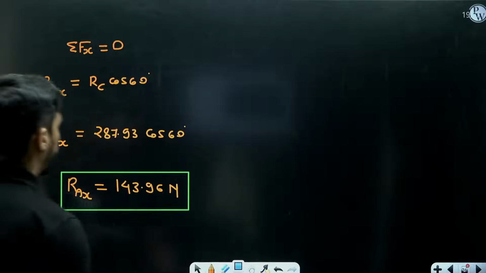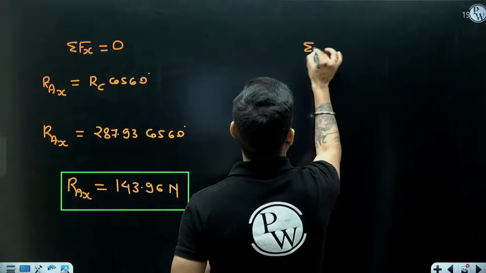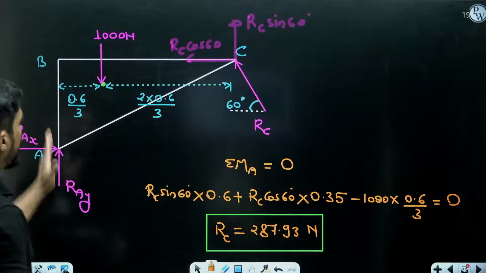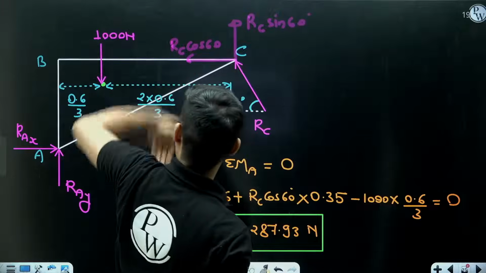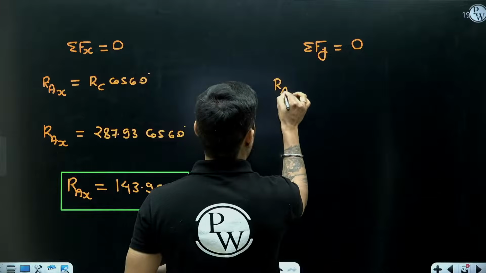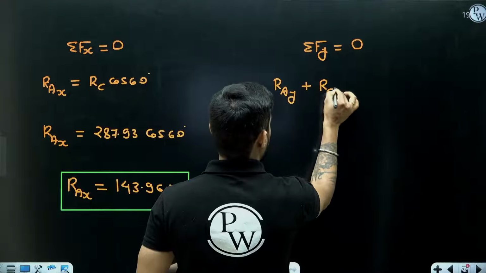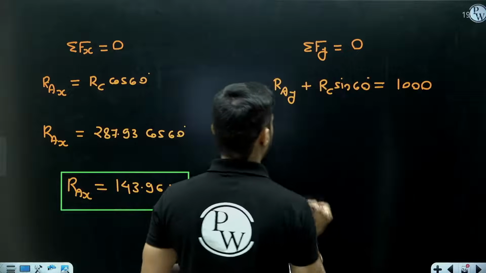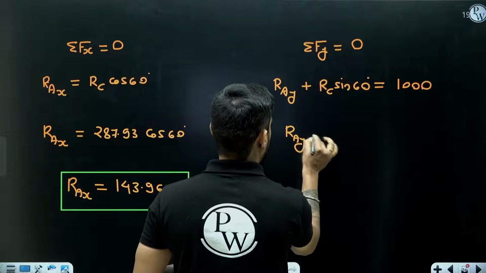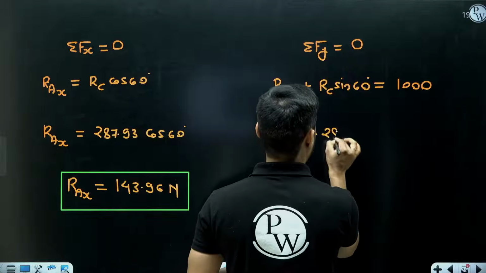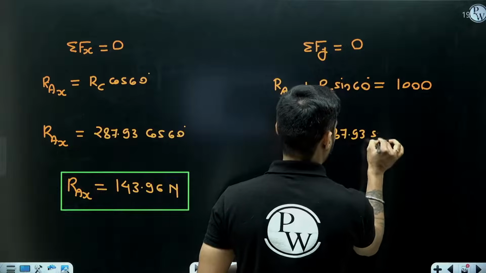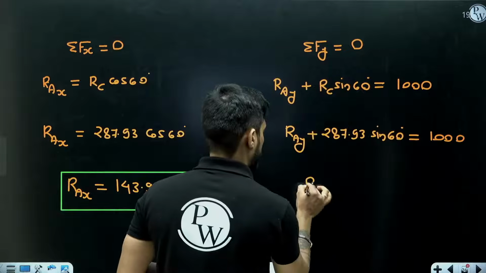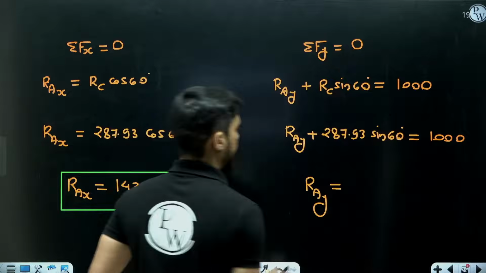Now summation of Fy equal to 0. In y direction you have RAY, RC sin 60 and 1000. So it will be RAY plus RC sin 60, both are upward and 1000 is downward. So RAY plus 287.93 sin 60 equals 1000. From here you get RAY.